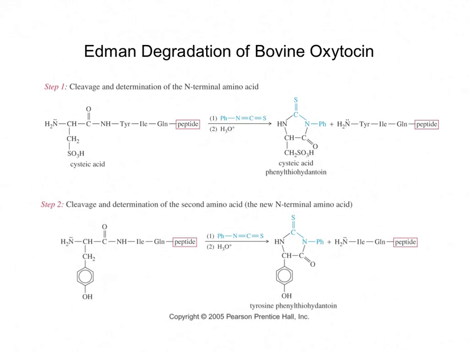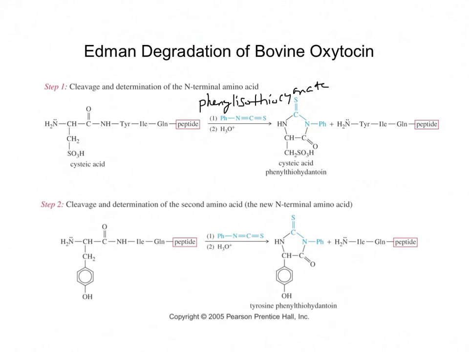We're going to treat it with phenyl isothiocyanate. That is what that thing is called. It's a benzene ring with an N double bonded to a C, double bonded to an S. It's phenyl isothiocyanate.